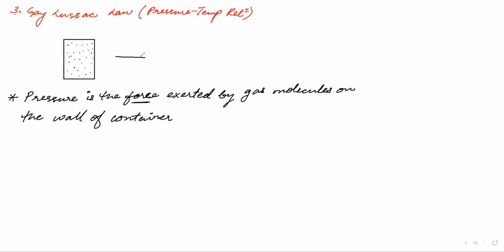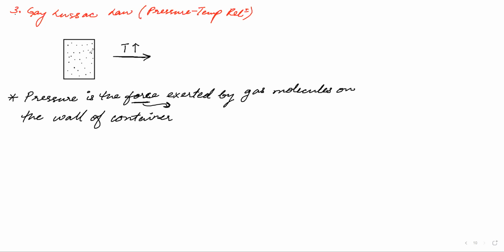So now tell me, if I increase the temperature, what will happen? The gases will start moving at a higher velocity. Force is a kind of momentum, na? Momentum can be related to force, and movement can be related to force, acceleration, speed, correct?